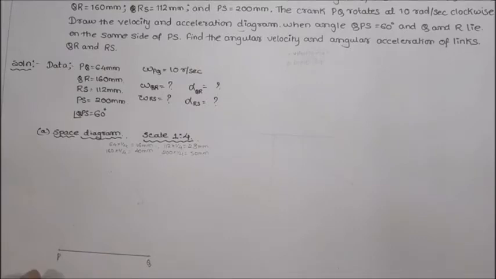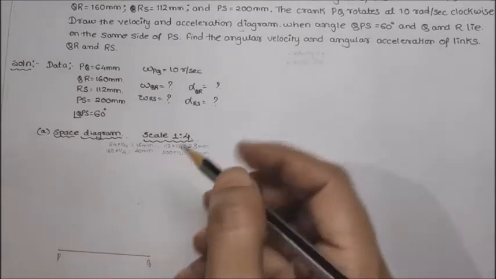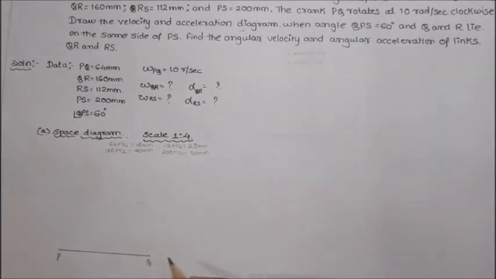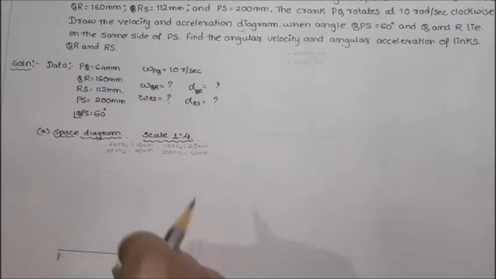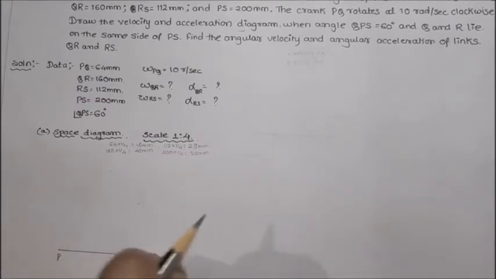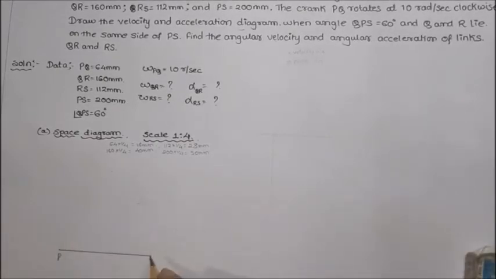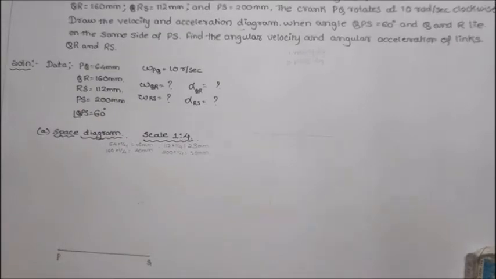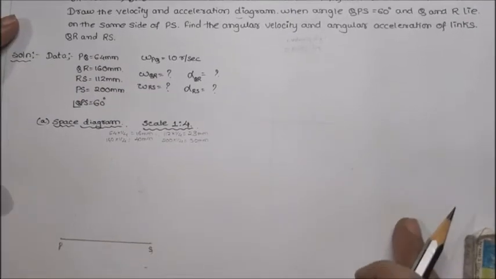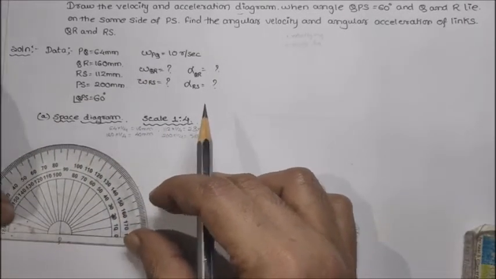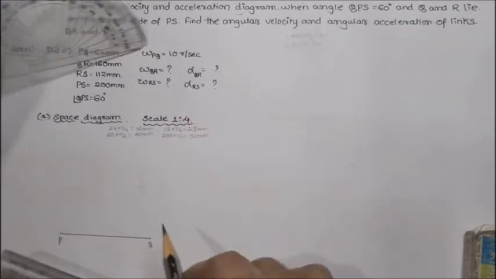Next he has told there is one more link, QPS. Sorry, I took it wrong, this is PS. So QPS equal to 60 degrees. So we'll measure 60 degrees at point P. Then draw a line in the direction of the measurement.